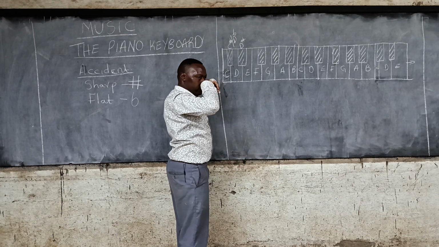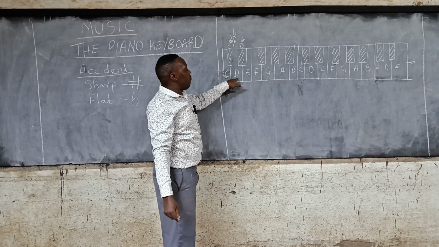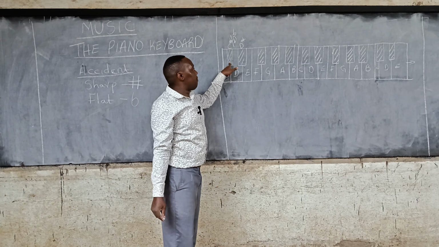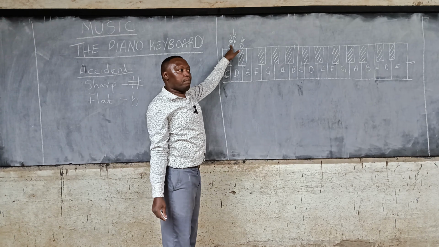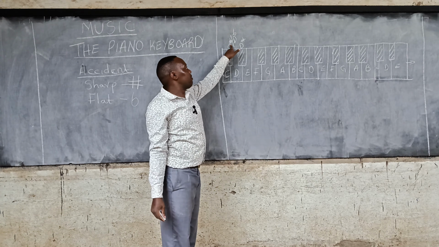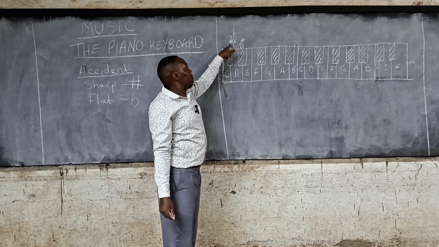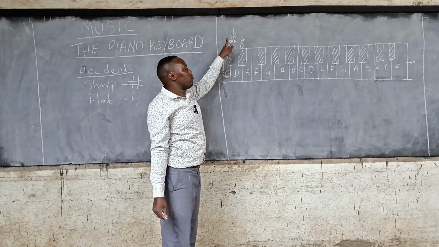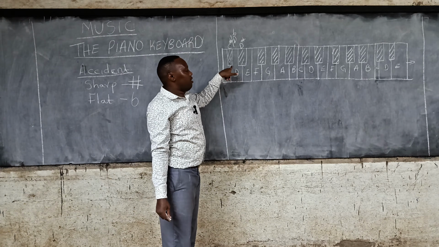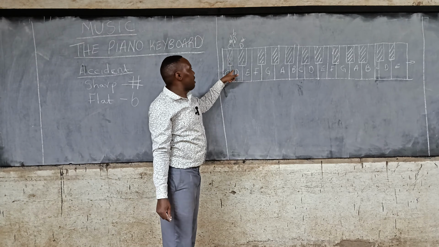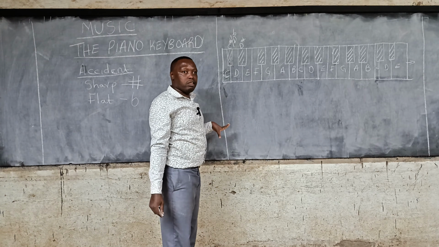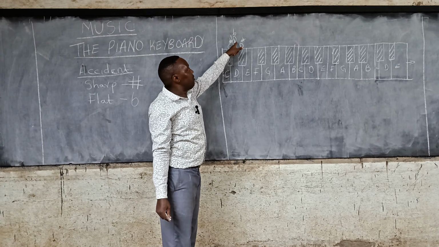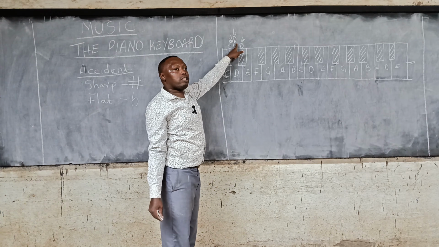I hope you are getting what I'm trying to say. When the pitch is raised, it makes the C have a sharp on it. When a D is flat, it shows that the voice has gone down and the pitch is down, so there must be a flat in it.